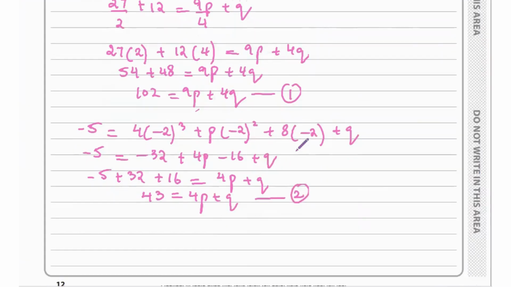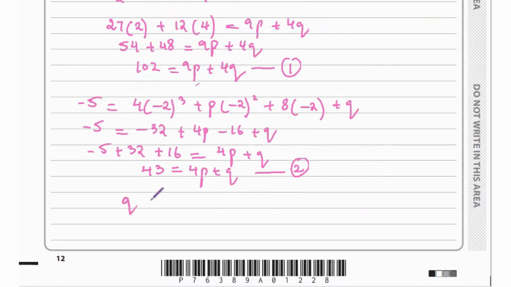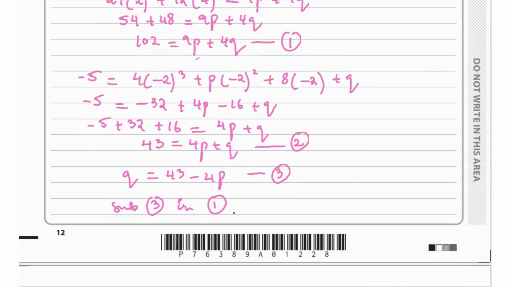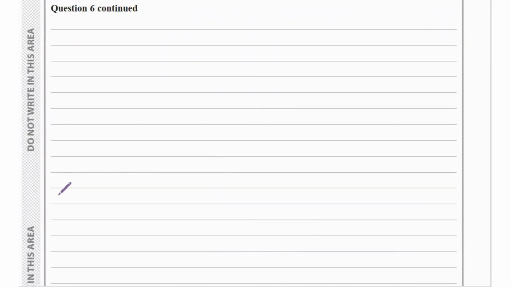What I'm going to do is make q the subject in the second equation. So that's going to be q equals 43 minus 4p. That is your third equation. I'm going to substitute the third equation into the first one. So that's 102 equals 9p plus 4 times 43 minus 4p.